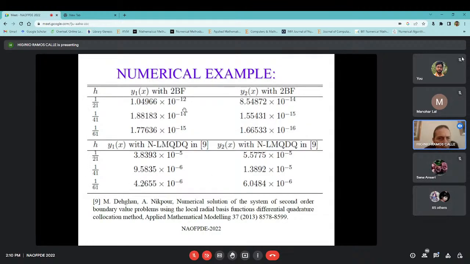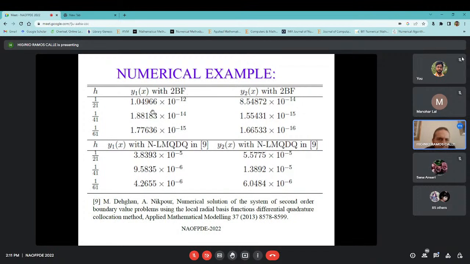So this is a comparison using a method which uses radial basis functions and a differential quadrature that have appeared in this paper. The first lines correspond to the two-step block method.